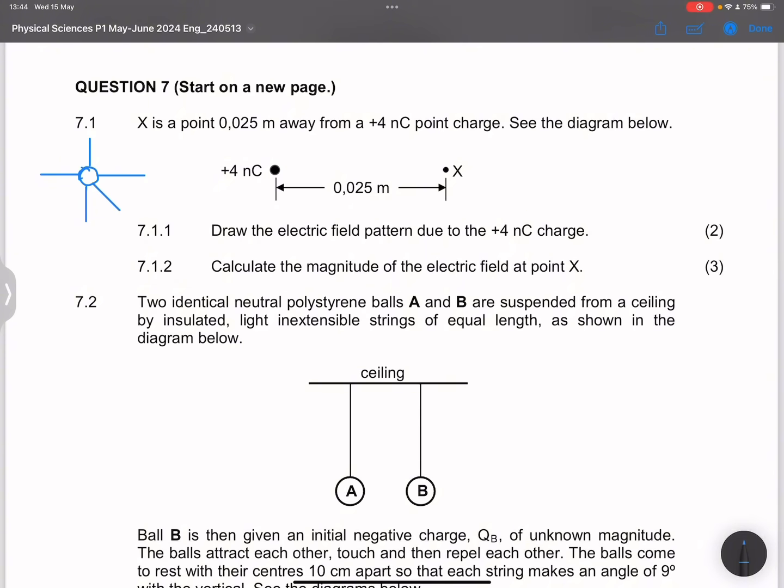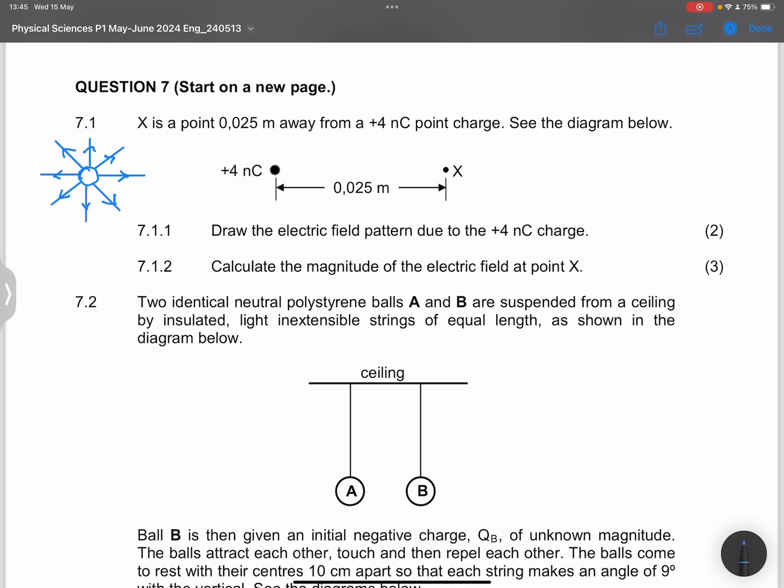Please remember, ladies and gents, whenever we draw these diagrams, no lines must cross each other. Secondly, you must show the direction. Remember that for positive charges, the field lines would be moving away.